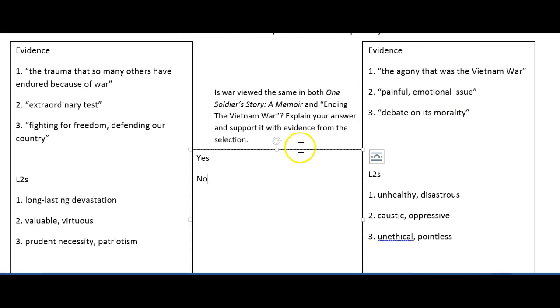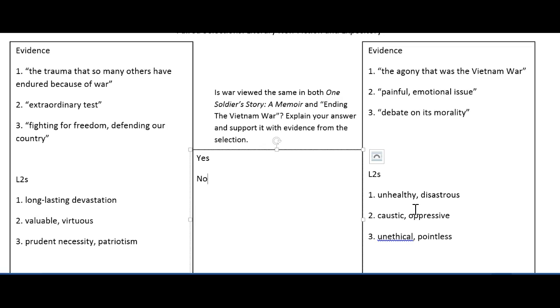Okay. Another option is no, war is not viewed the same in both selections. So we could use the evidence from 2 and 3 to say that war is viewed as a valuable necessity, while over in this area, we could look at the evidence in some of the L2s and say, conversely, in the second piece, that war is caustic and oppressive or disastrous.